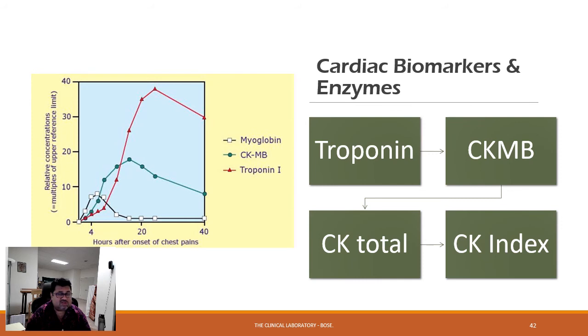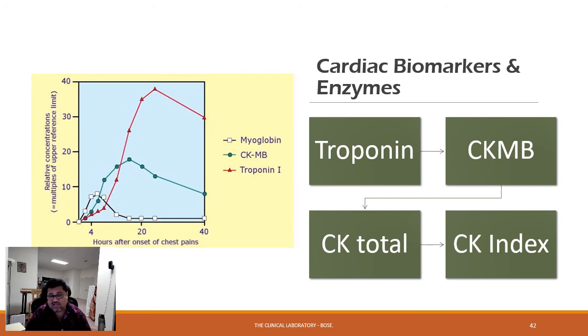CKMB is a less specific indicator of heart muscle damage. While it will go up in heart muscle damage, it will also go up in muscle damage, and therefore it is not quite as specific as troponin. But those tests are done to support each other and see if there is cardiac muscle damage.